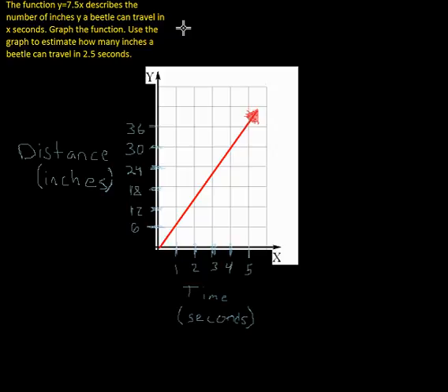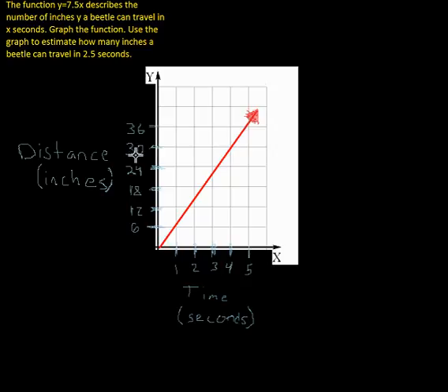Well, if I were graphing this function, which I already did and set up, the first thing I would do is create a table as we did before, and create x values for my domain, solve for y, and come up with some ordered pairs, and then take those ordered pairs and put them on a graph, which is what I've done.